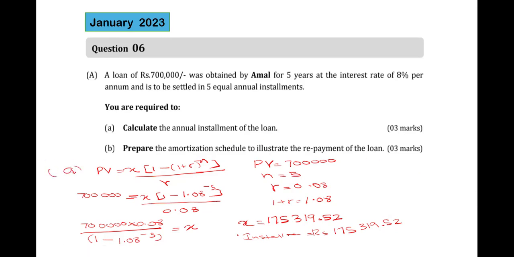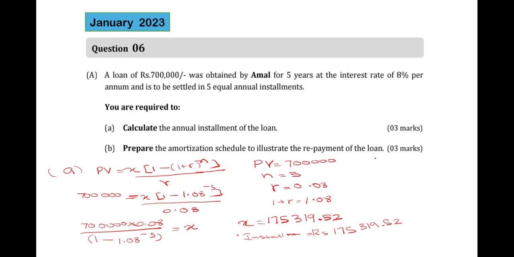Part A: calculate the annual installment. It's okay. Now next one, prepare the loan amortization schedule to illustrate the repayment of the loan. If you get the loan, after that the financial institute prepares the table showing how to recover the loan within this period.